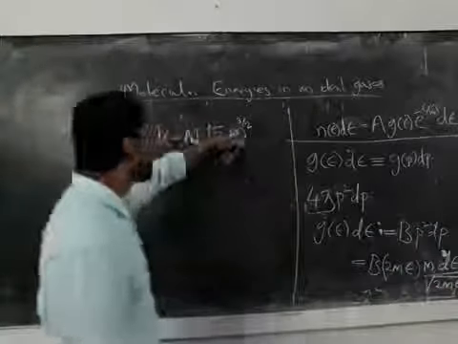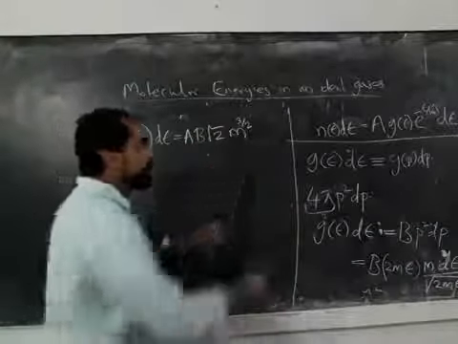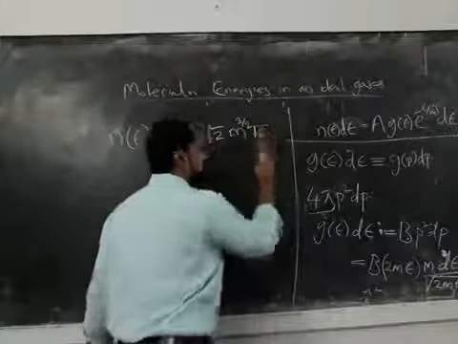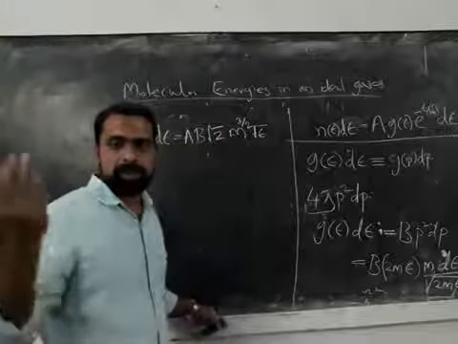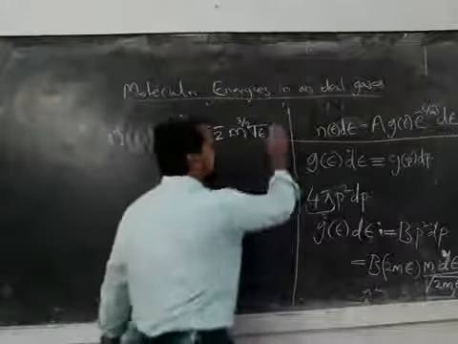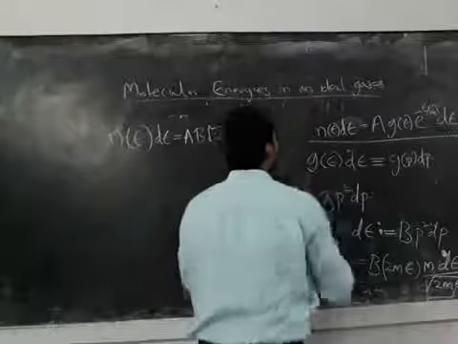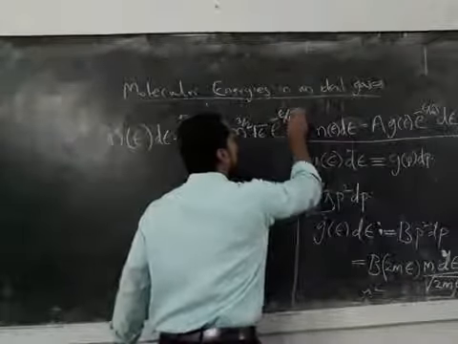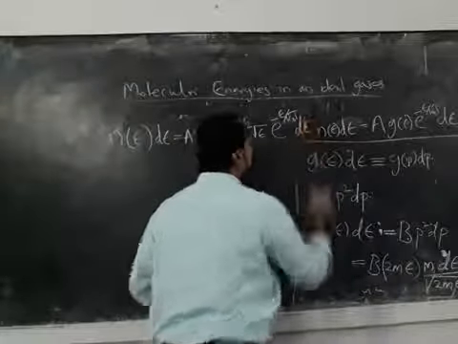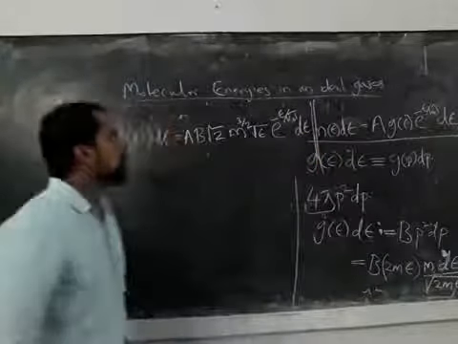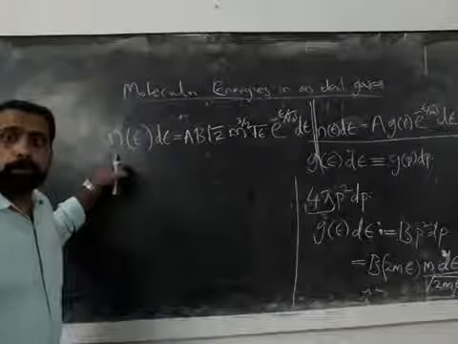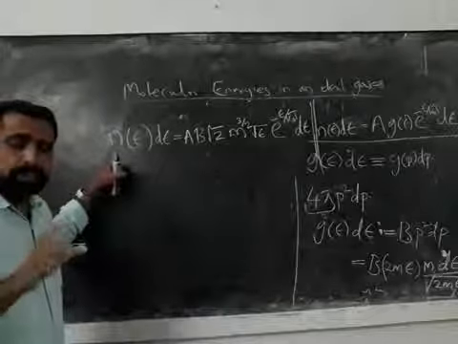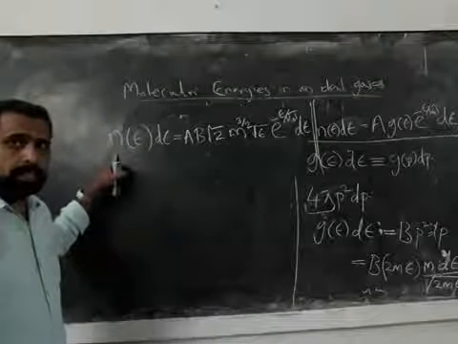So you get m raised to 3 by 2, then root epsilon, then e raised to minus epsilon by kBT d epsilon. So this is the number of particles having energies between epsilon and epsilon plus d epsilon.